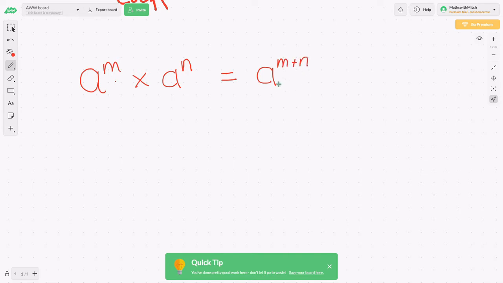So the result is a to the power of m plus n. So if we were to do that with an example in numbers, if we had a to the power 3 and we times it by a to the power 4, our answer would be a to the power of 3 plus 4, which is a to the power of 7. So that is rule number 1.